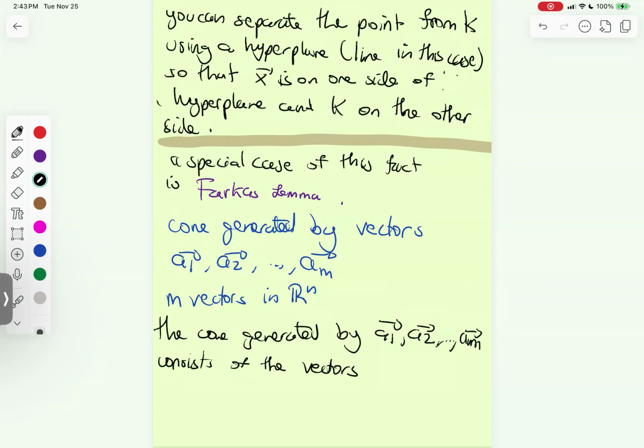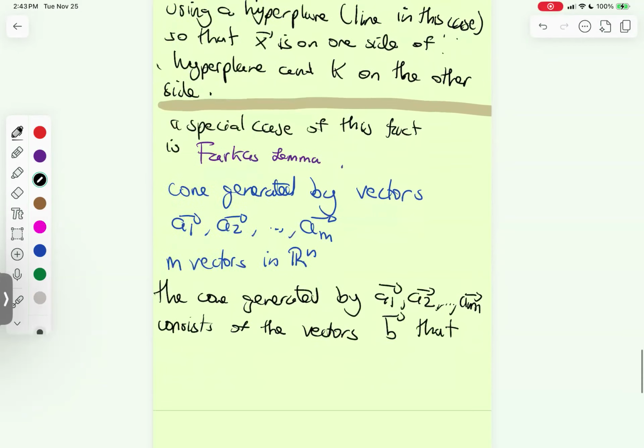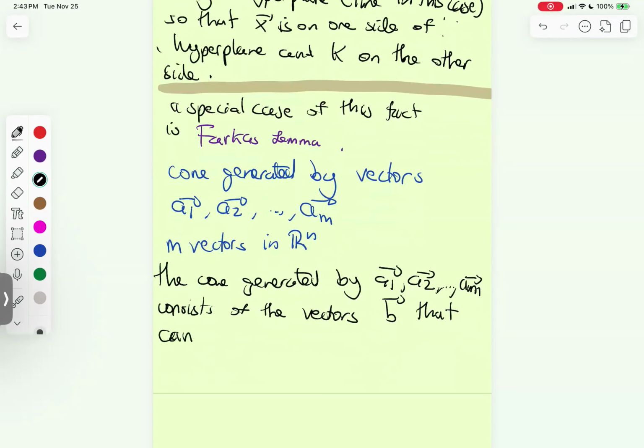It consists of the vectors b that can be expressed as the following linear combination.